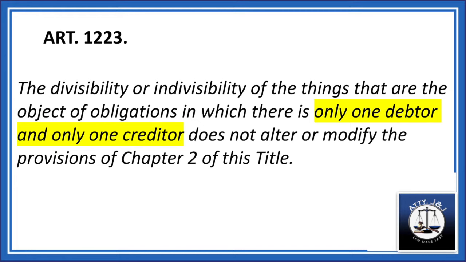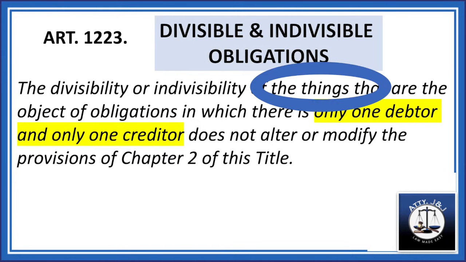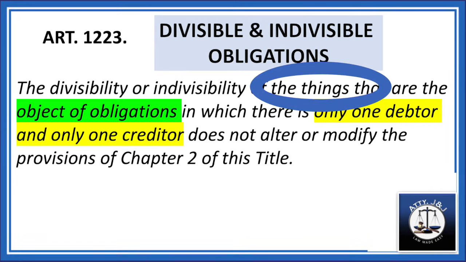Meaning sa obligation to give lang at hindi sa obligation to do and not to do? Kasi pag binasa mo, it seems that it speaks only with the things, di ba? The word is used in its broad sense, meaning it is actually referring to the object or prestation of the obligation, which may be to deliver a thing or to render some service.